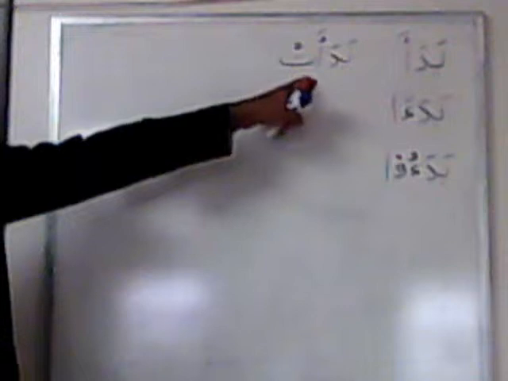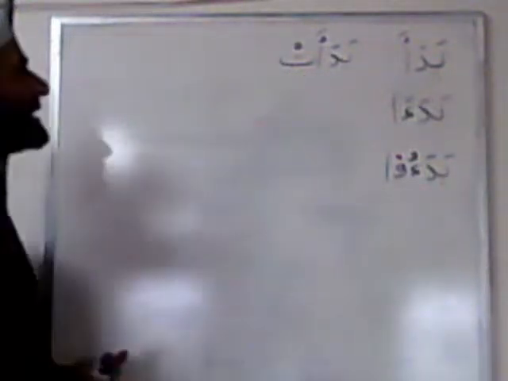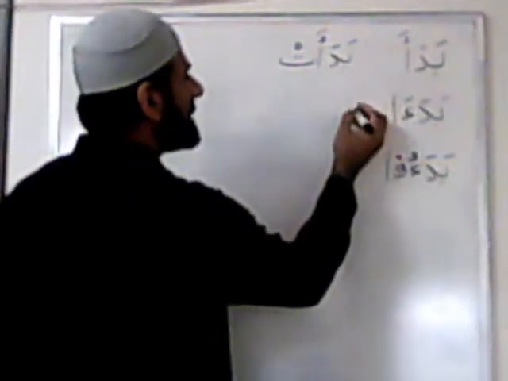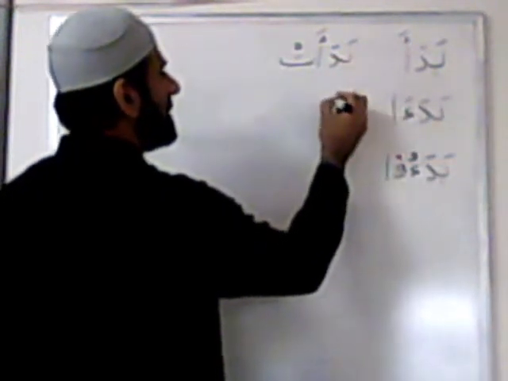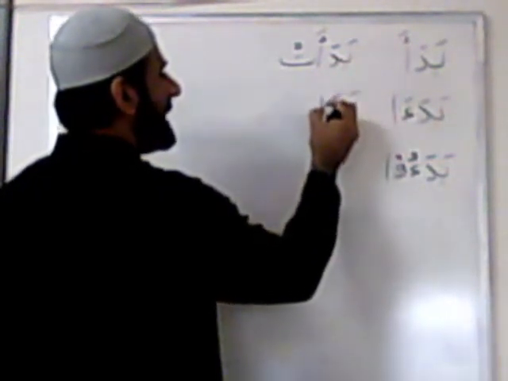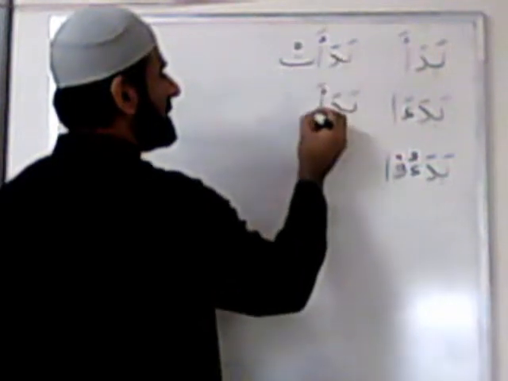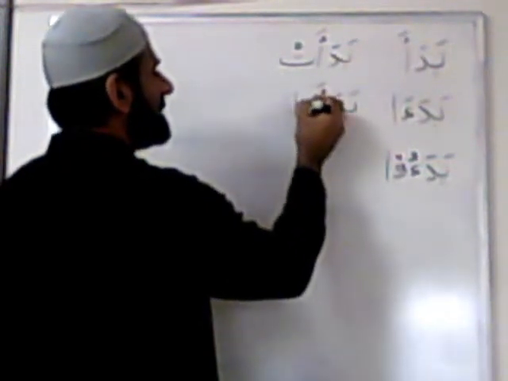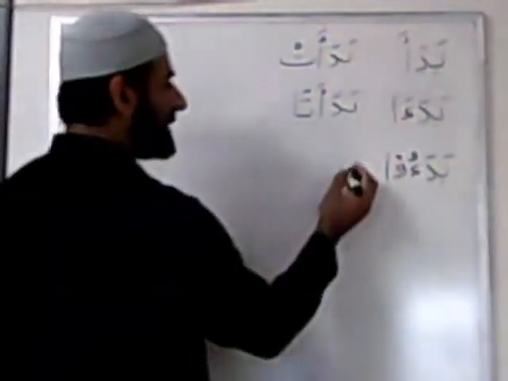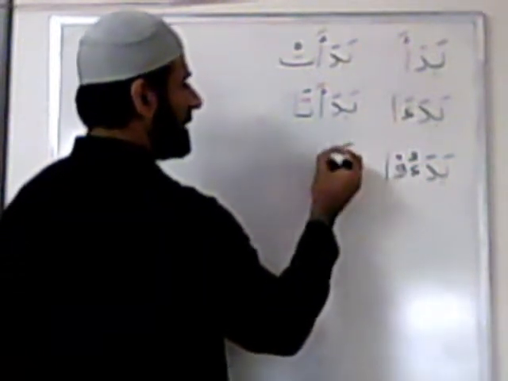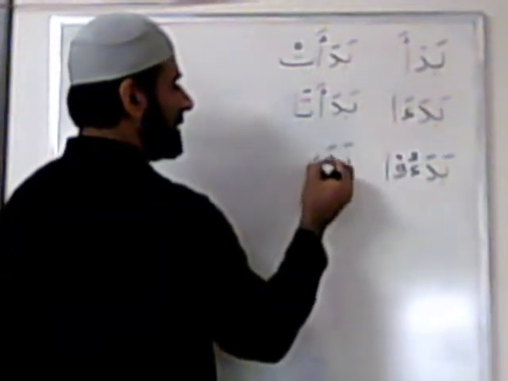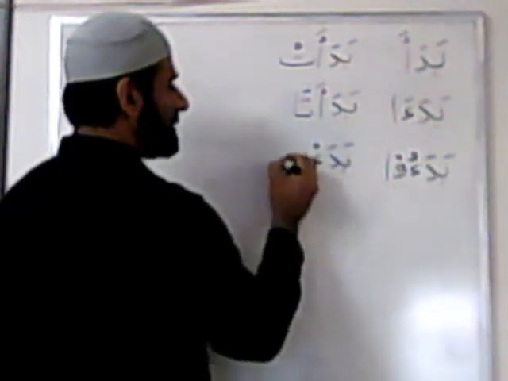So bada'at means she created. Then two of them created: bada'a. Bada'ata. Then all of them created or originated: bada'na.